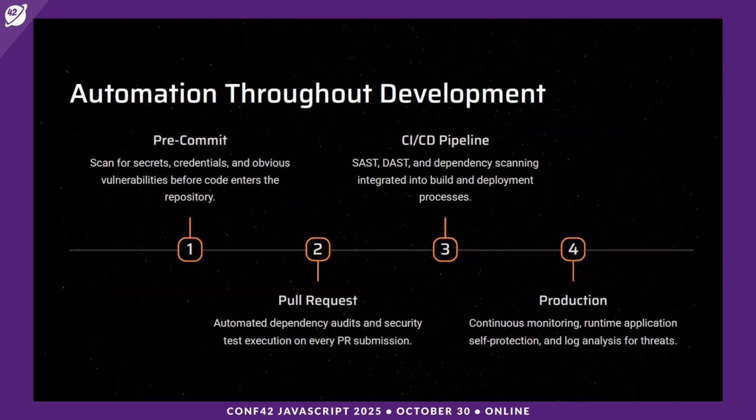So automation throughout the development. Pre-commit, in the sense before we commit the code into the Git repo or whatever it may be, scan for secrets. You have to make sure that there are no credential or password related issues, or vulnerability issues, before code goes to the repository. And on pull requests, automated dependency audits, security and test execution for every submission.